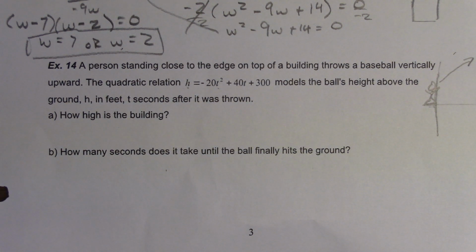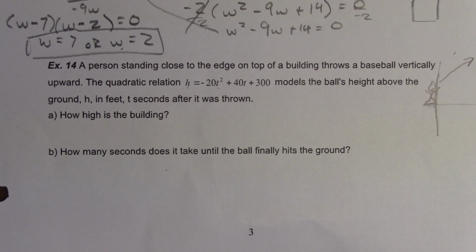Anybody have any ideas what to do here? Will we solve for T? Yeah, solve for H when time equals 0, right? Because right before he throws, he wants to know.